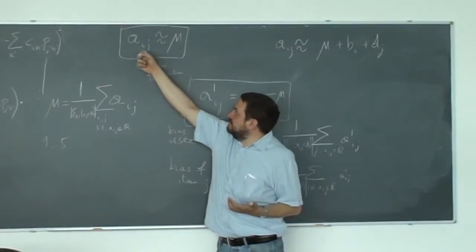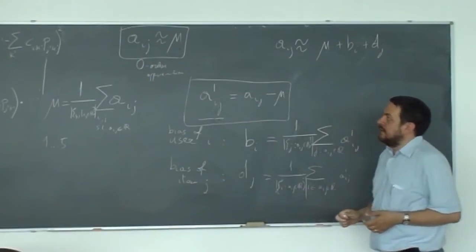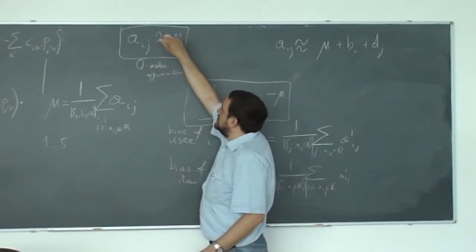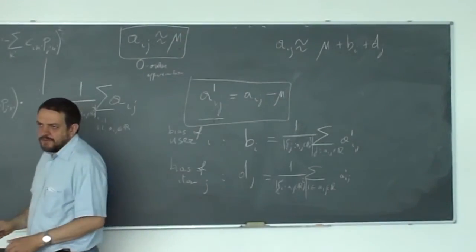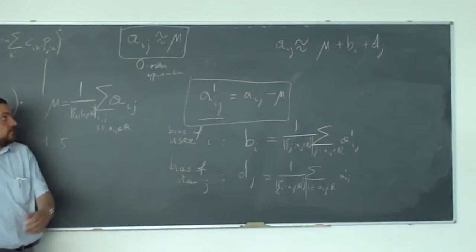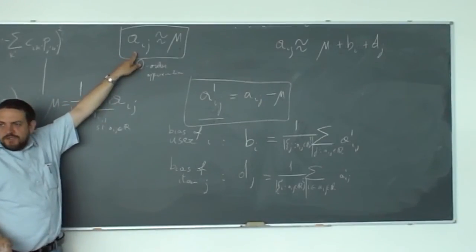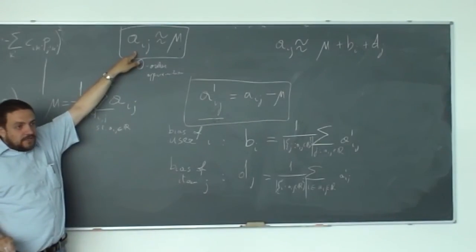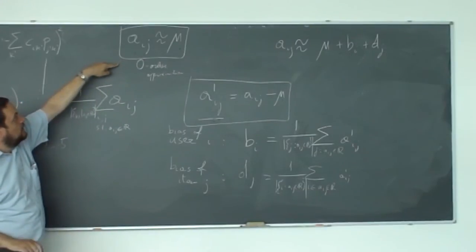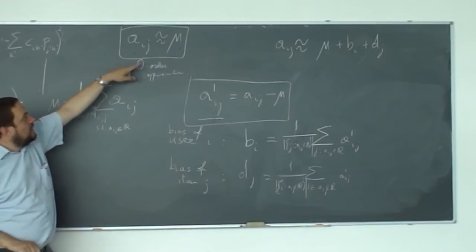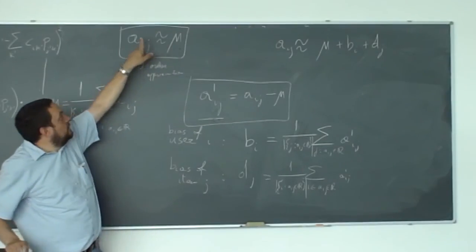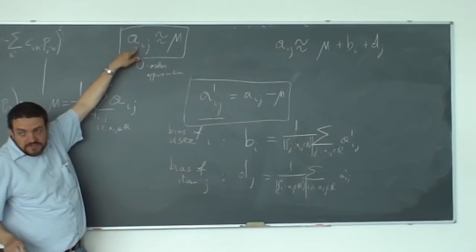It tries to approximate the user preference by systematically replacing them with the overall average. Of course, it's completely useless because you give the same value to all users and items, but in some sense, among all numbers, mu is the number that minimizes the error of this particular model.